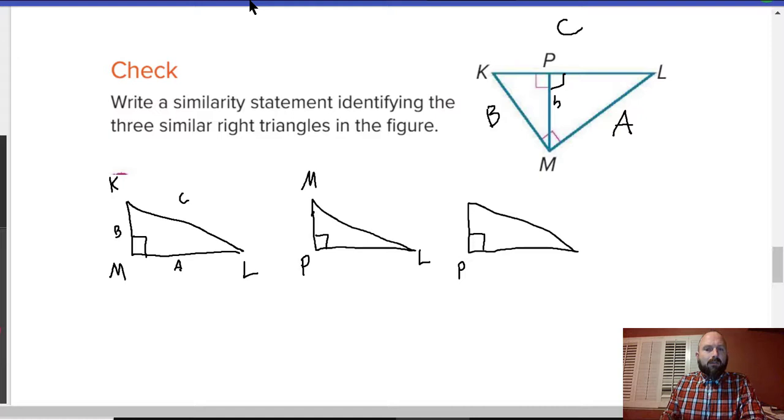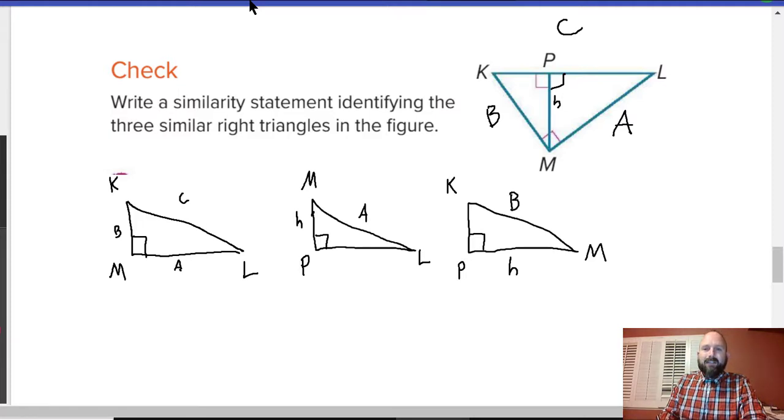And so now I know that P to M is my height, and I know that ML is A. Now this last one, this little one right here, it looks like it's going to go P to K is my short side. And my hypotenuse is K to M. So therefore, P to M is my long leg.